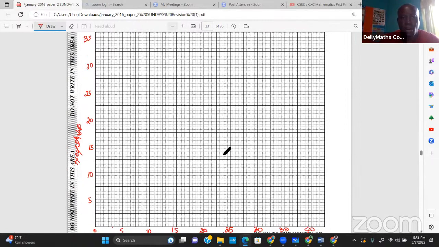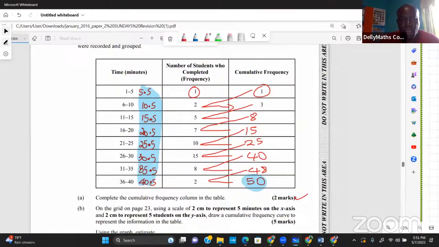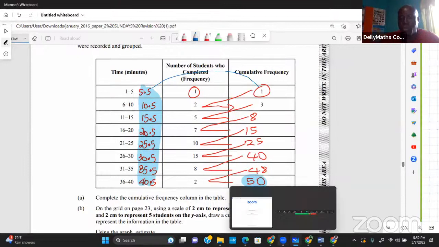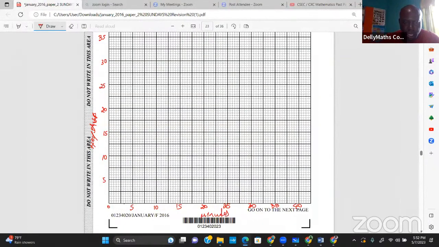So let's plot our points. Remember now, it's the upper boundary with the cumulative frequency. So we're gonna skip over the frequency, guys. Upper boundary, we're going all the way from here to here. So 5.5 with 1. The only thing is you need to know where 1 is.